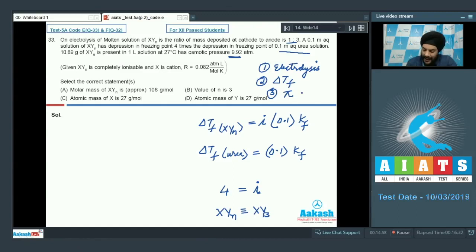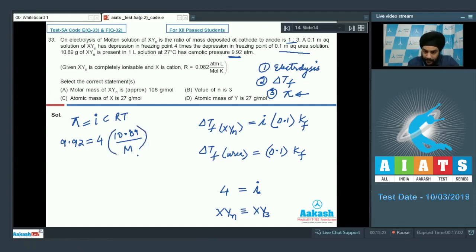Now let's talk about the pi value which is given to us. We know that pi is given by ICRT. The value of pi is given to us. It is equal to 9.92. The I value we had calculated before came out to be equal to 4. The concentration value has to be found out. It is given that 10.89 grams is present in 1 liter, so it just has to be divided by the molar mass.